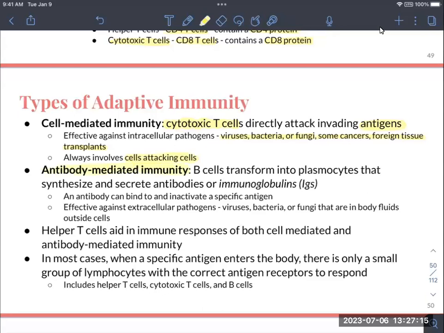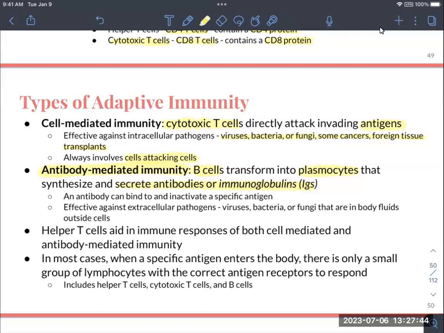Antibody-mediated immunity: these B cells came from that bone marrow. They transform into these plasmocytes. They are going to make antibodies or immunoglobulins. These antibodies can actually inactivate antigens.